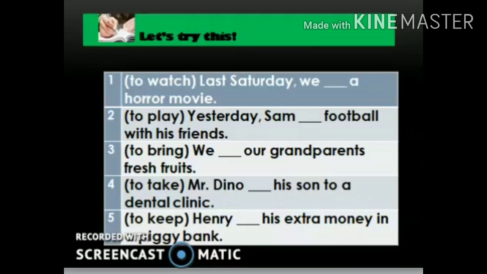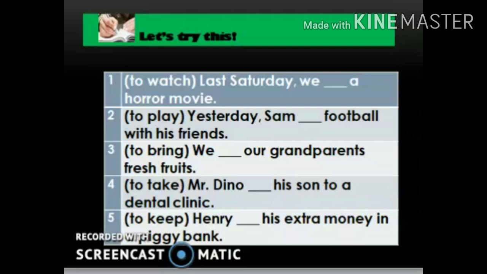Let's have number 2. Yesterday, Sam blank football with his friends. The answer here is played. The correct sentence is yesterday, Sam played football with his friends.